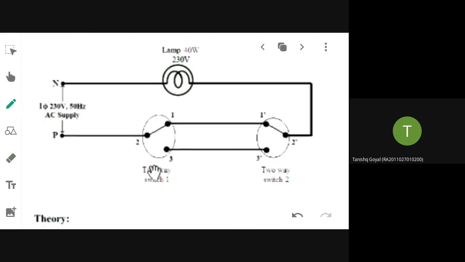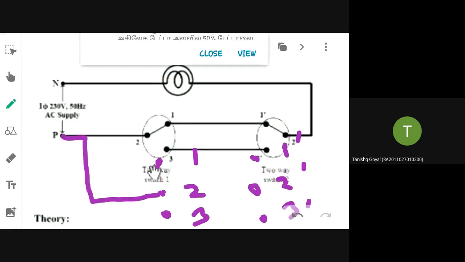Suppose there are three terminals, you assume these are the three terminals: 1, 2, 3 and 1 dash, 2 dash, 3 dash, like this. The phase is connected to the second terminal.